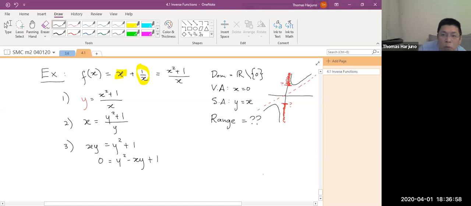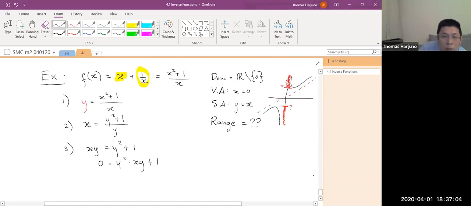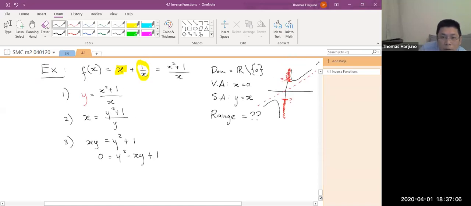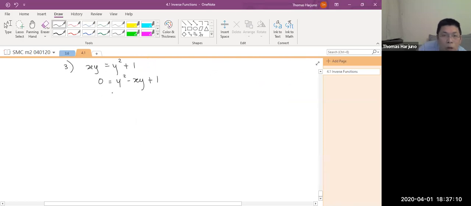So I will use the quadratic formula, where my a equals 1, my b is negative x, my c equals 1. Remember, I'm solving for y, not for x.